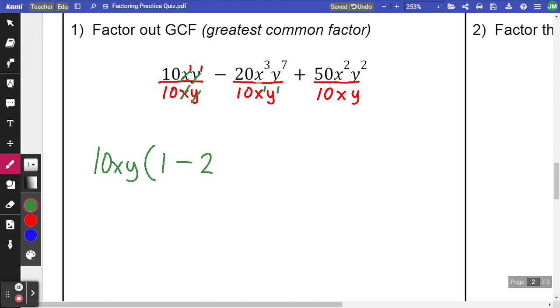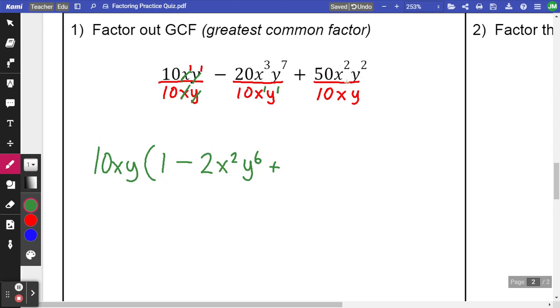So for the x's, 3 minus 1 is x to the 2, and for the y, 7 minus 1 is y to the 6th.